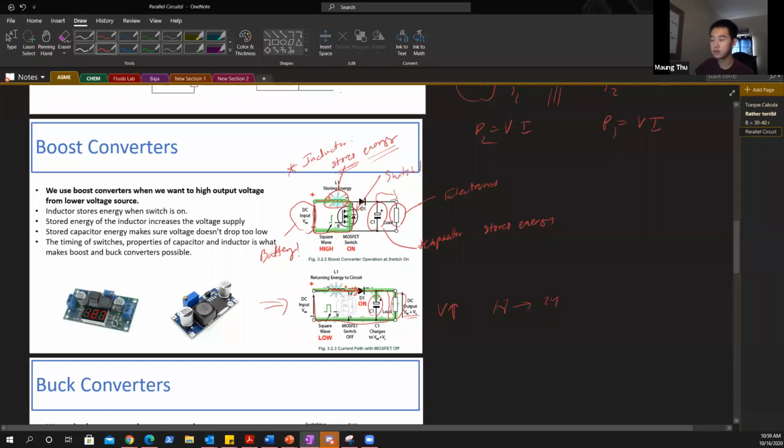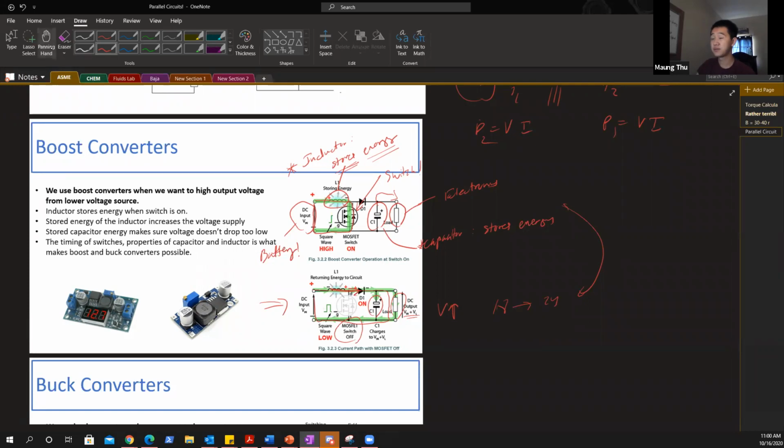That's all it is doing. Between these two circuits, it all depends on the timing of your switch. The longer you have it on, the more stored energy you're going to have, in other words, the higher the voltage you're going to have at your load. Okay, so that's how the boost converter works.